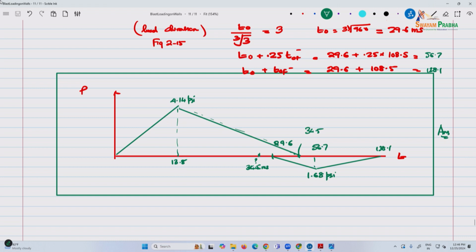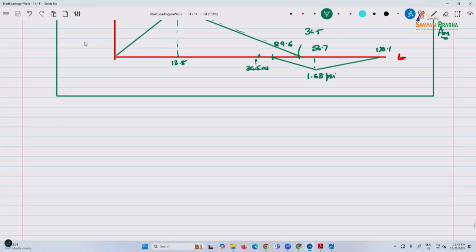So the next little bit is what I'd call a bonus, just comparisons. Comparison with the equations.